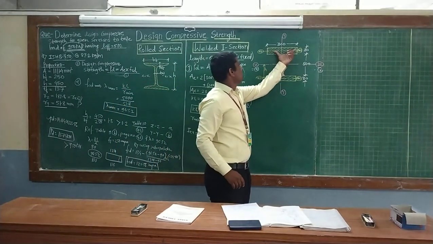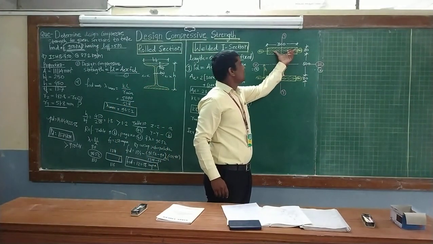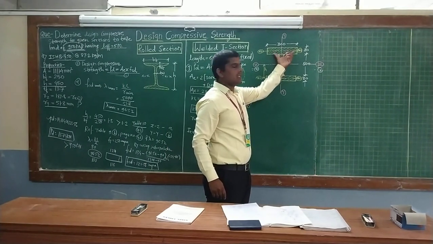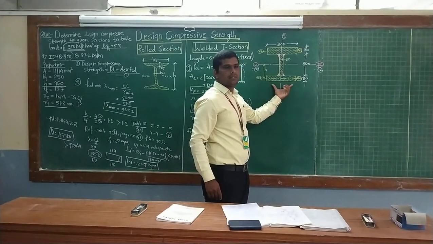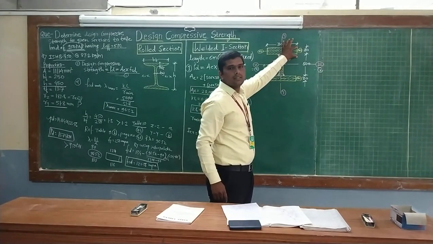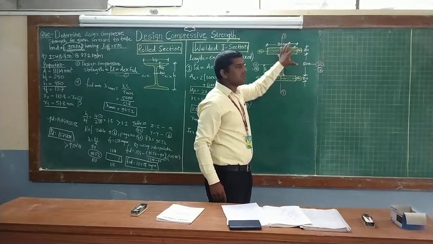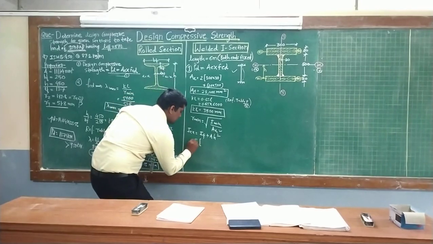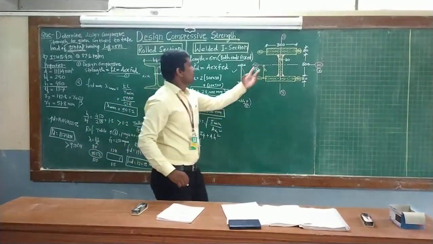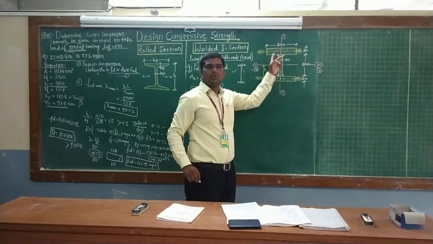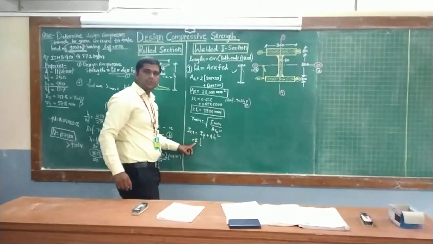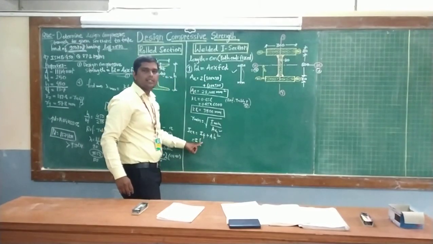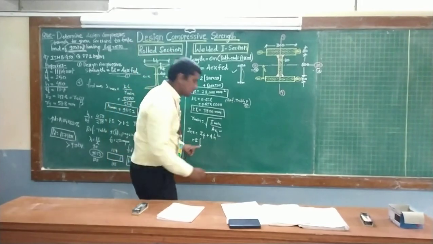Here B is 300 mm and depth is 30 mm for both the top and bottom flanges. Since two flanges of the same cross section are there, we multiply 2 into BD cubed by 12.